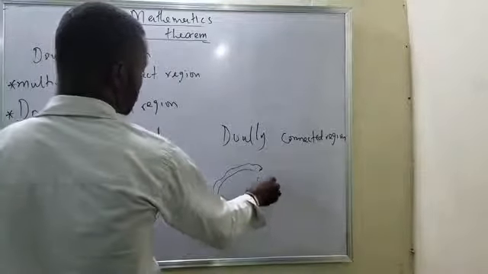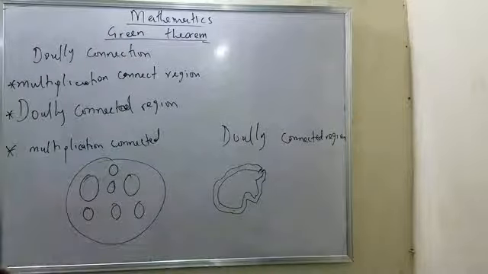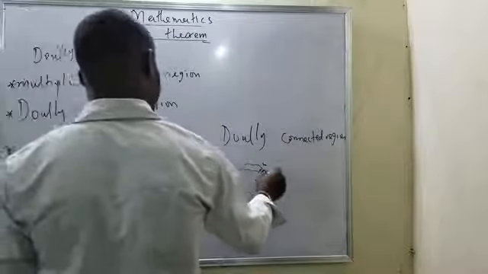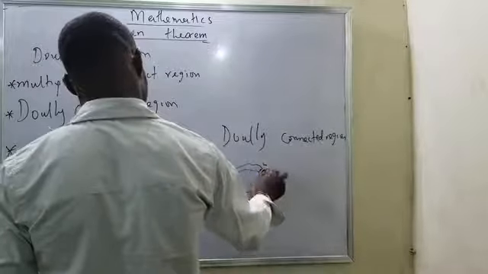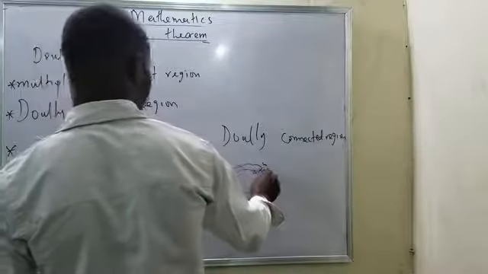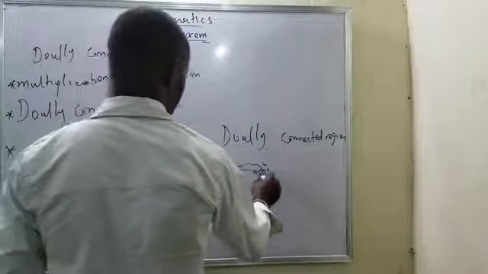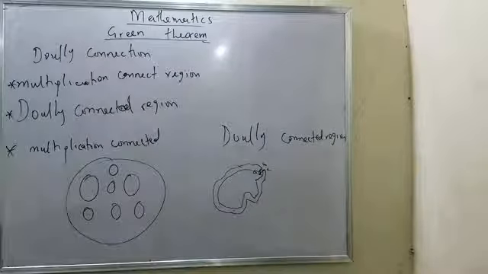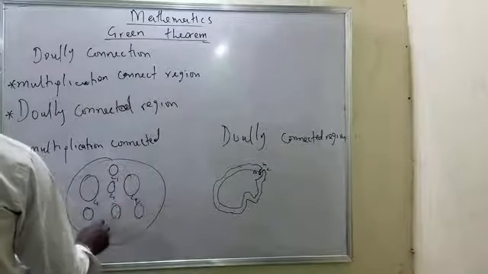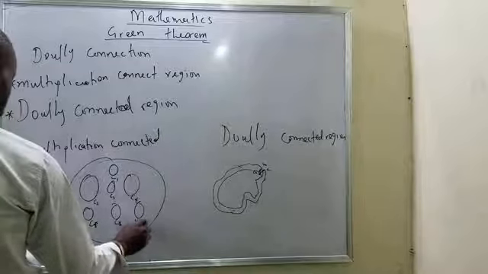There are points that can be A, B, C, D, and so on, and the curves can be C1, C2, C3, C4, C5, C6, C7, and so on.